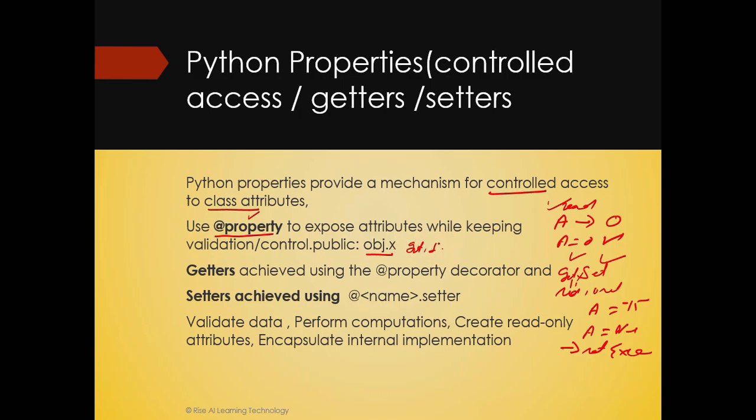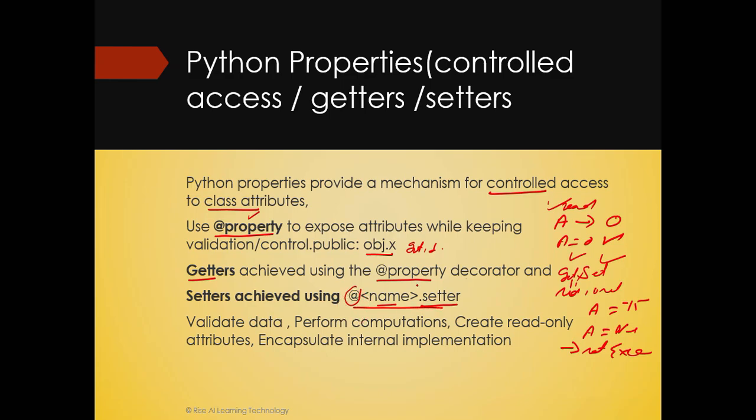Anyone can do anything on this. If you only want the getter, you will use the @property decorator on that particular attribute. If you want to use the setter, then you need to use the @ keyword, define the name, and after that say .setter. Then it will allow you to set the value. So this is the syntax basically.